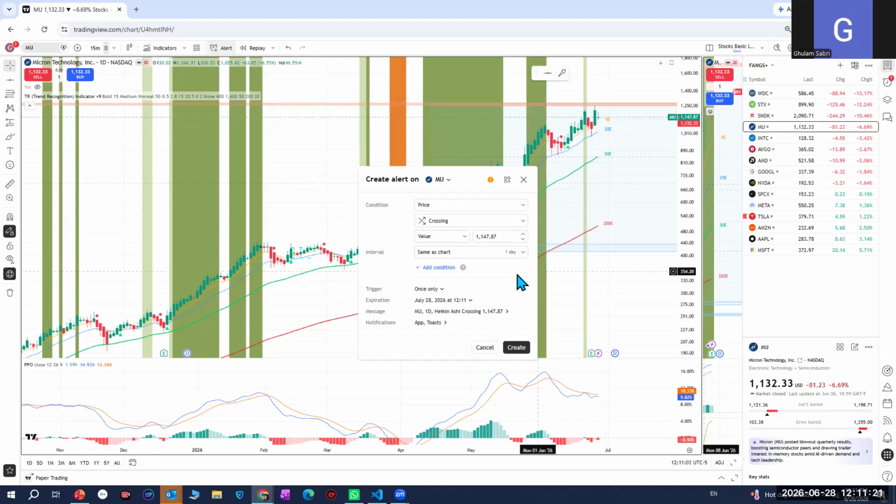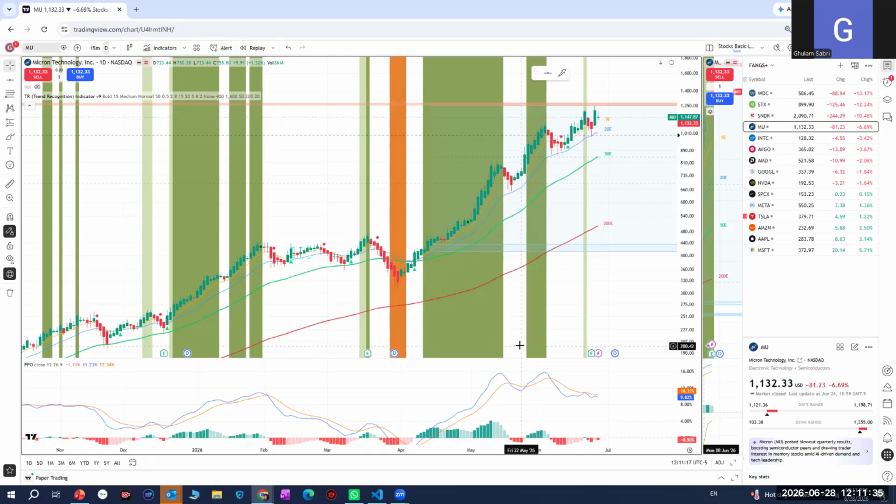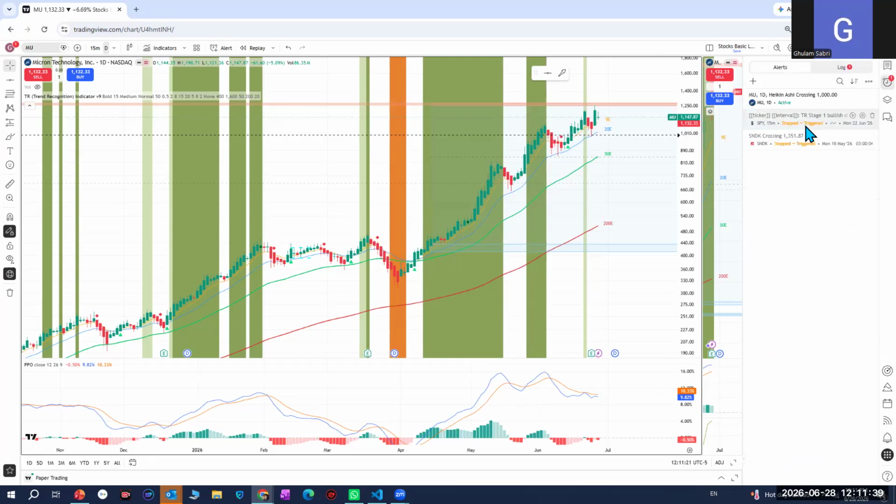You can add an indicator here. For example, if I want Micron to come to this value, 1000, okay, set an alert, create it, and an alert is set. You can go back here and check which alerts are active.